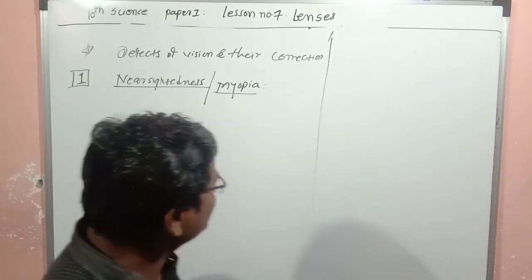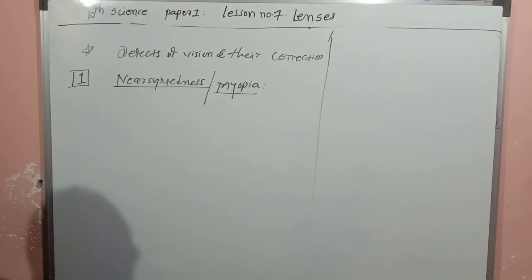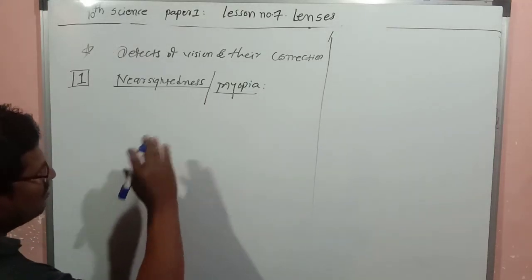So now we will write the points on what is happening in nearsightedness or myopia.